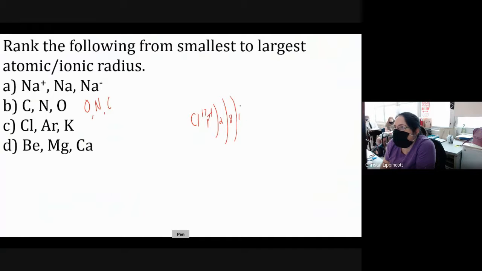I have 17 negatives, but I only have 17 positives pulling on that. So chlorine's going to be bigger. Argon's going to be smaller than chlorine, but potassium, that's 19, and this is much further out, so the distance is going to be greater. So argon, chlorine, potassium.